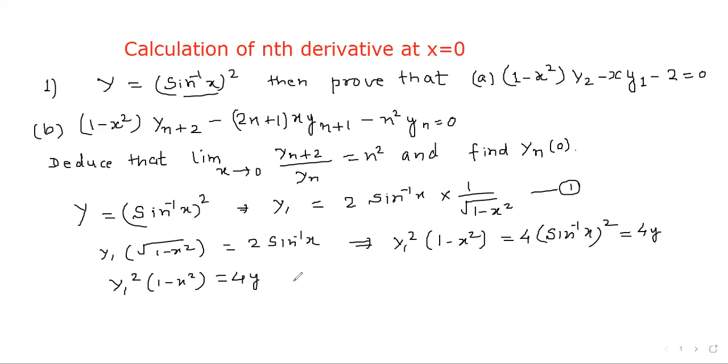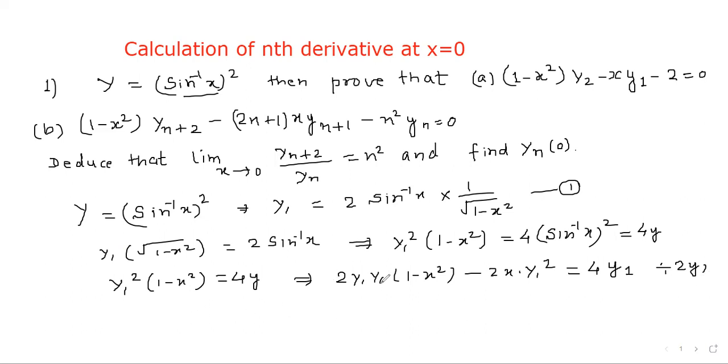We find the second derivative. So this will become 2 y1 y2 (1 minus x square) minus 2x times y1 square equal to 4 y1. We can divide each term by 2 y1.